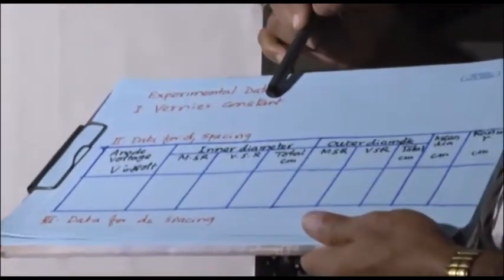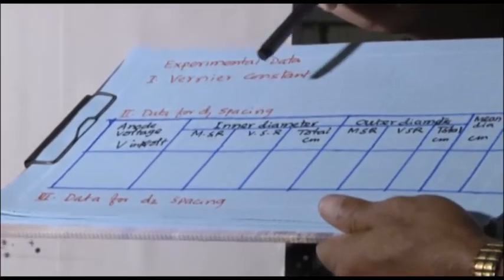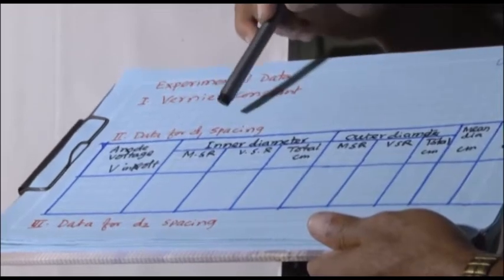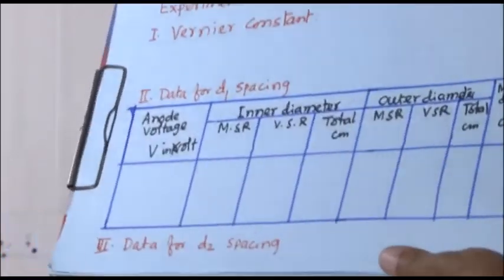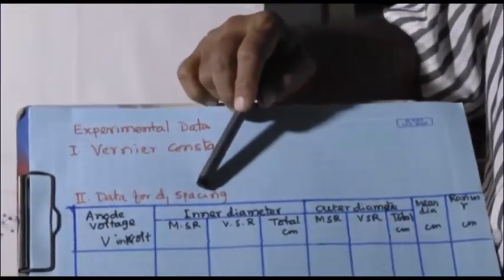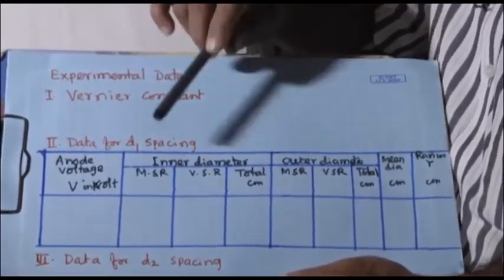Now, this is just the table for experimental data. The Vernier constant I have to find out because I need slide calipers. Then the data for D1 spacing, for a particular plane, and data for D2 spacing, because here we are seeing two rings, that is for two planes.